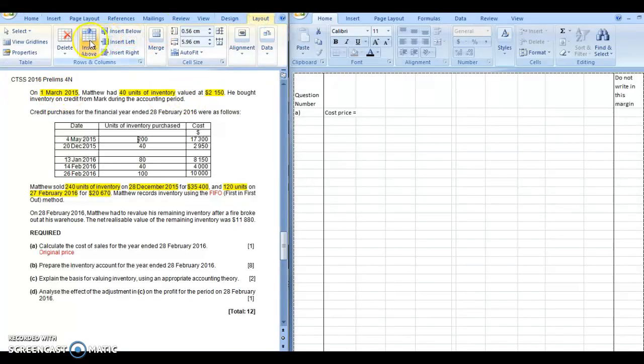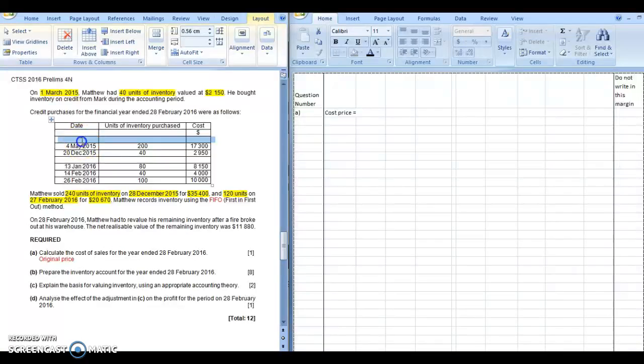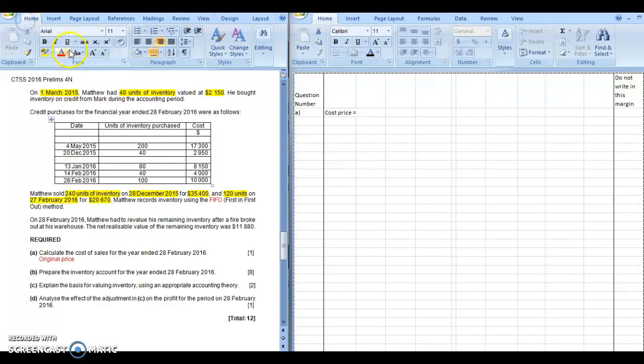So on your piece of paper, a good practice is to list down what was the beginning inventory balance that the business had at first. And in this case, the business had 40 units at a cost price of 2,150.